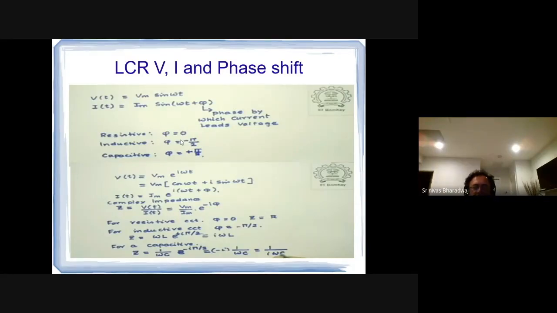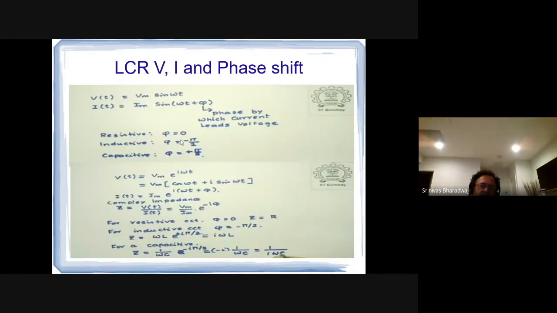Okay, and therefore what we are now going to do is introduce the concept that the voltage has with it a phase. So Vm times e to the power of i omega t.